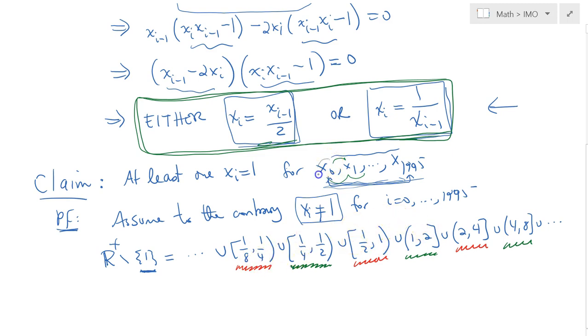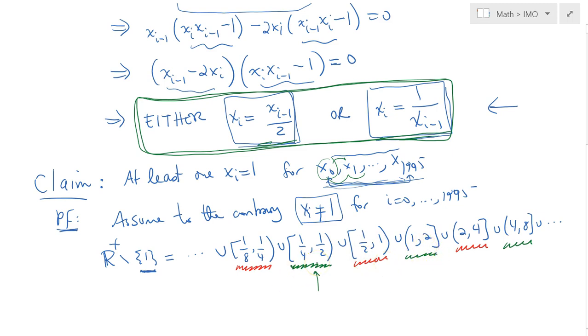So wherever x0 is, I don't know where it is, so let's say here, I claim x1 will hit a red color, and then x2 will be back to a green color, and so on.